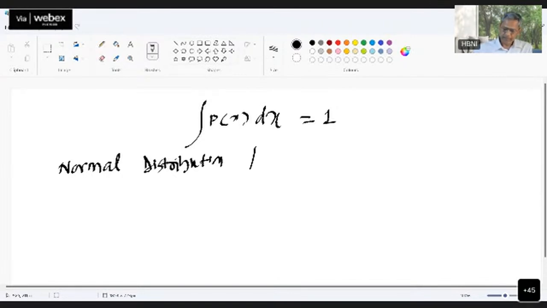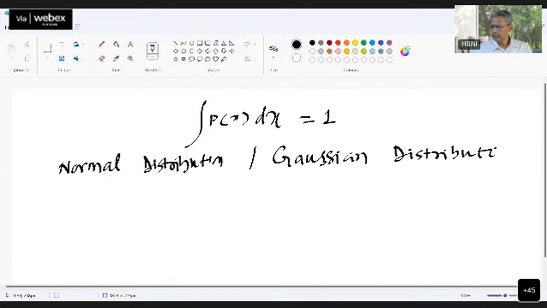It is also called the Gaussian distribution, or sometimes the bell shape, because it looks like a bell, like the bell you hit in temples. So sometimes it is called the bell curve.